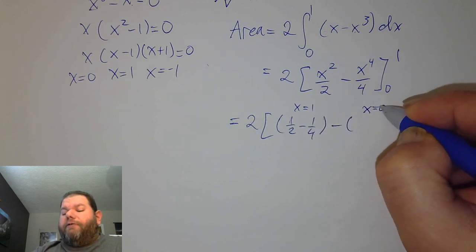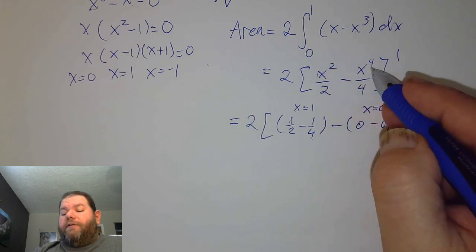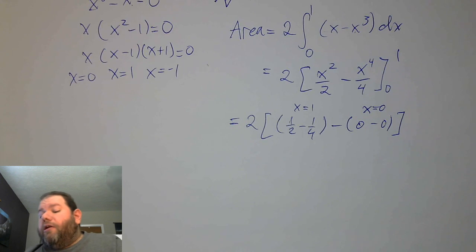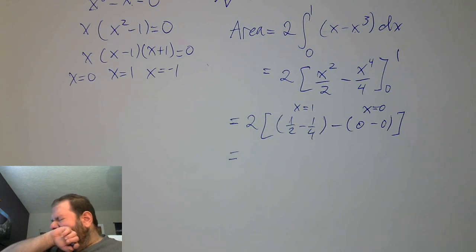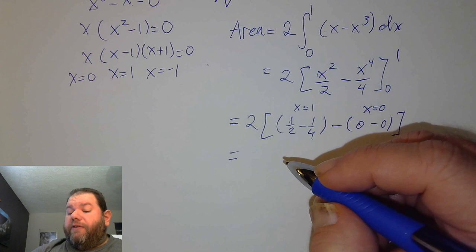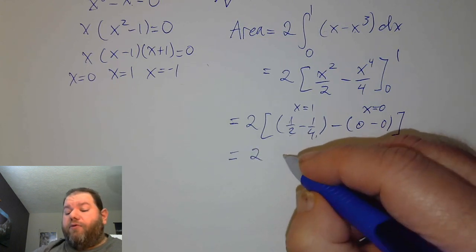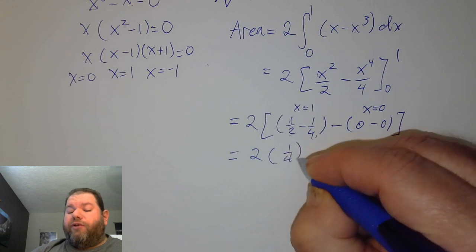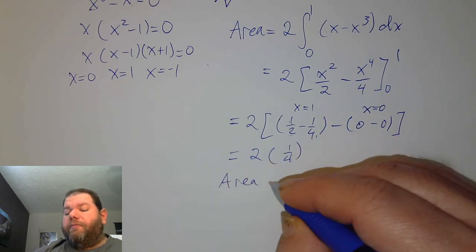And at x equals 0, we just get 0 minus 0, because we plug in zeros and they're both 0. And so we subtract these two, so it's 1/4, and then 2 times 1/4 will be 1/2, and that is our area.